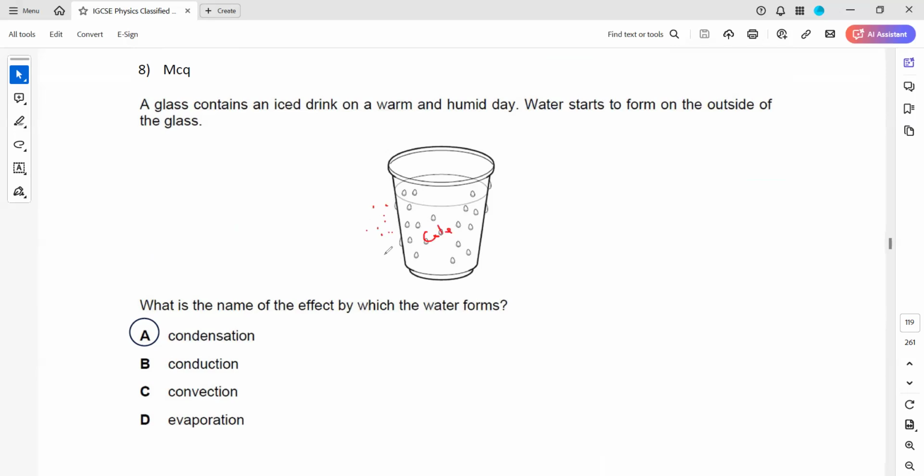When the water vapor in the air comes in contact with it, the water vapor transfers energy to the cold object. As a result, the water vapor condenses and forms water droplets. So this occurs because of condensation.